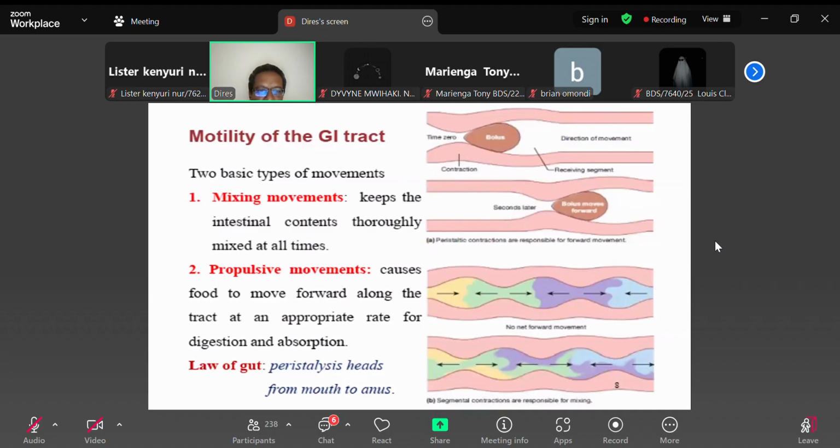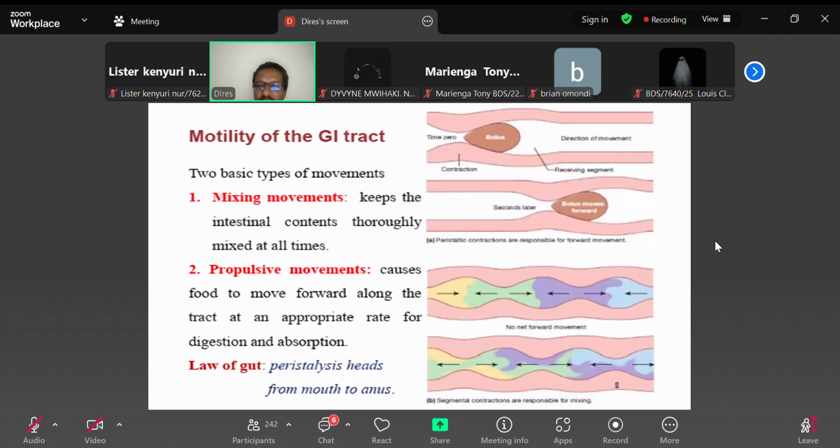The other type of movement is called propulsive movement. As you see from the name, propulsive movement is moving the food in a certain part of the GIT down to the anus. There is a law called the law of the gut. According to this law, peristalsis heads from the mouth to the anus.